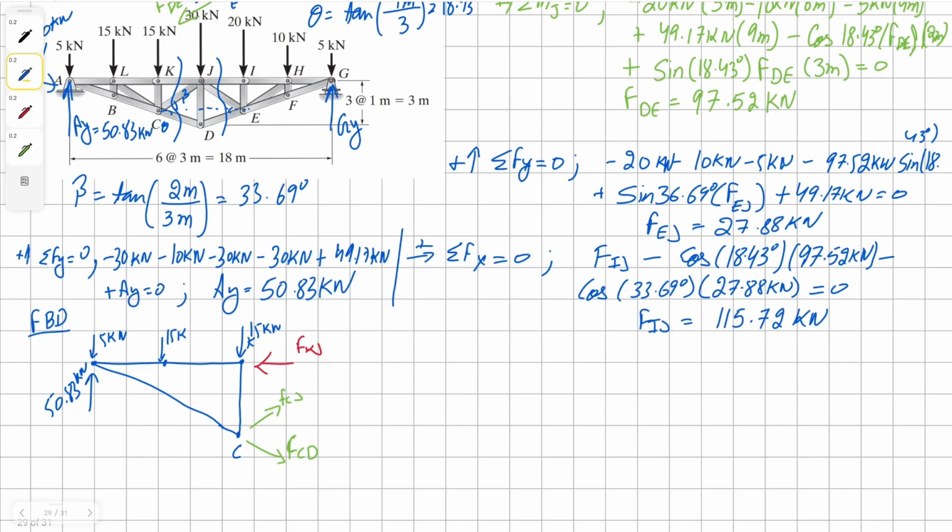And we already found our angles, so our angle theta and angle beta. And using the same idea we did before, we're going to take our moment about the point J, which is imaginary in this scenario.